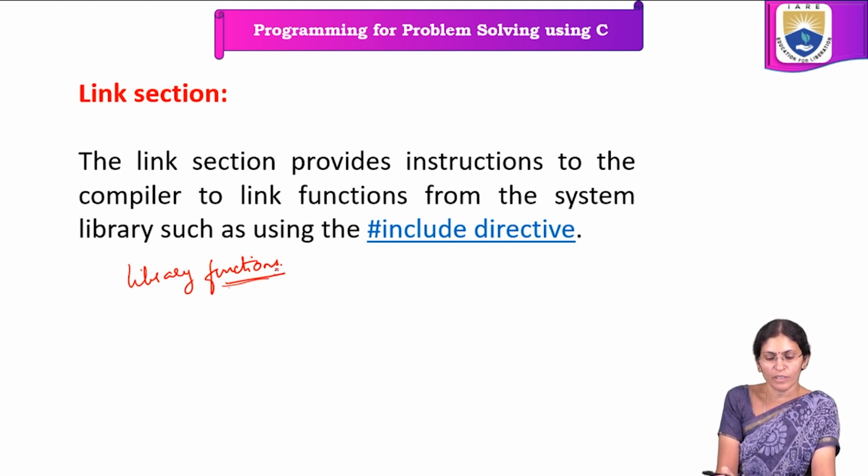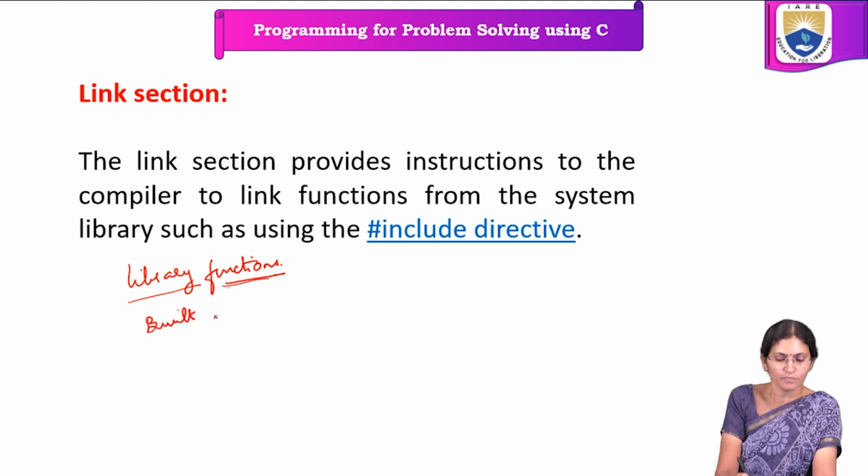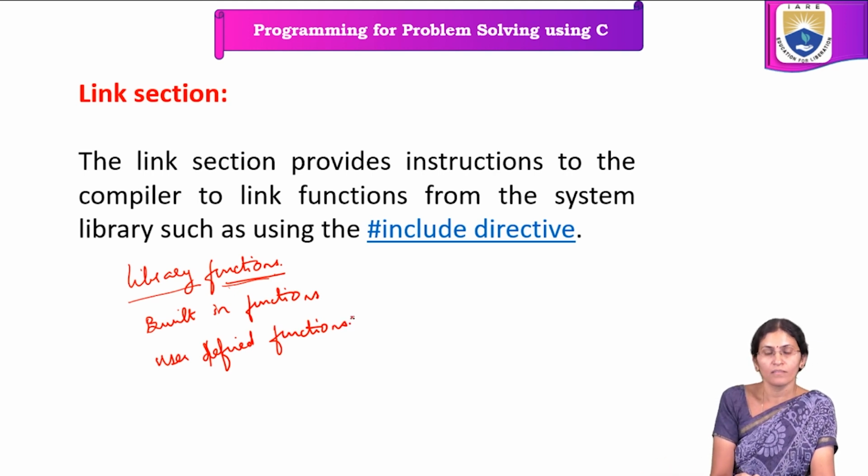We have two types of functions, user defined functions and built-in functions. We know that a program is nothing but a set of statements or instructions which performs a specific task.